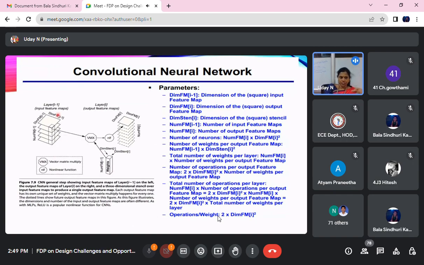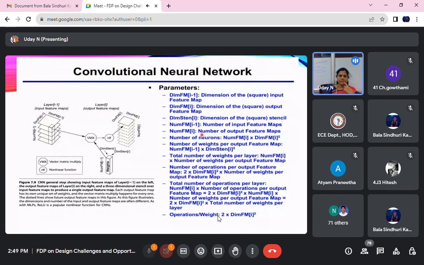All these are features, and all these features are called a feature vector or a feature map. You take all the input feature maps and give them to a vector to matrix multiplier to multiply with the weights. The vector matrix multiplier performs the vector matrix multiplication and gives it to a nonlinear activation function to get the output layers.